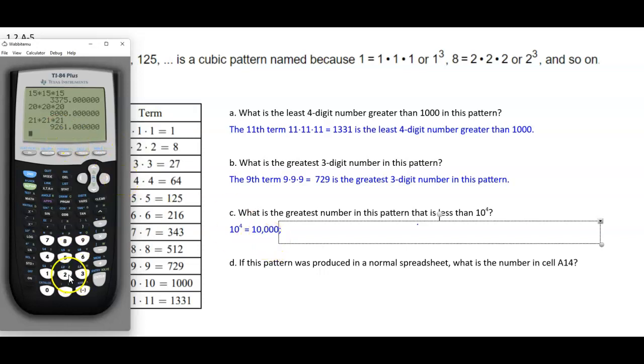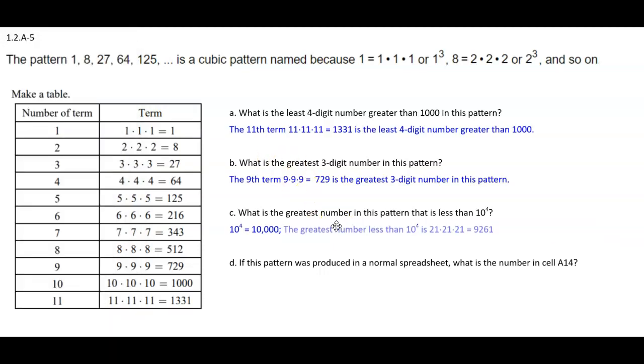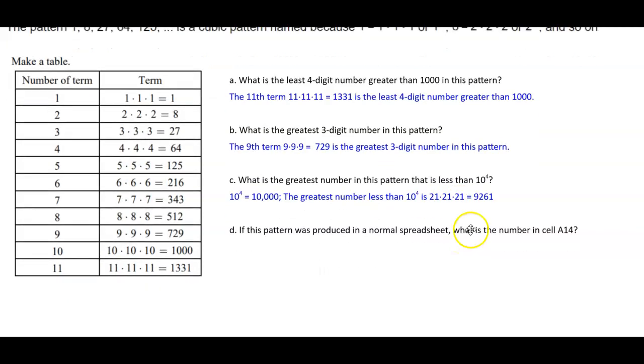So let's try 22. 22 times 22 times 22, and it's over 10,000. So therefore, it's 21, which is the 21st term. So the greatest number less than 10 to the 4th power is 21 times 21 times 21, which is 9,261.